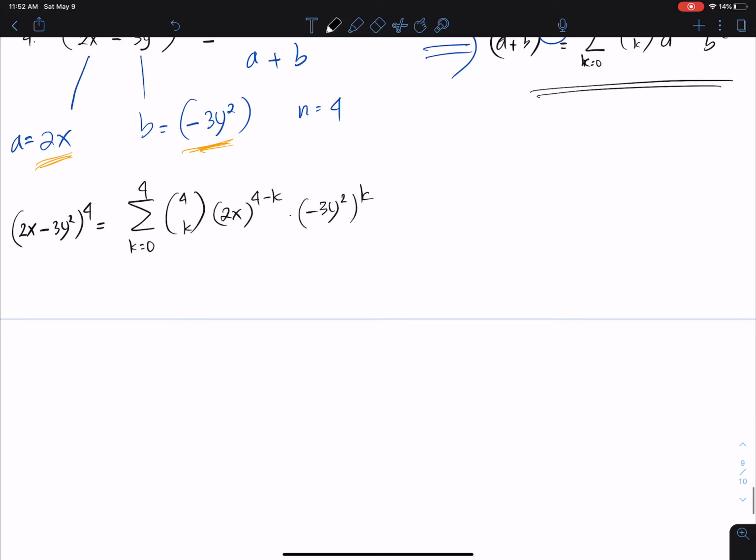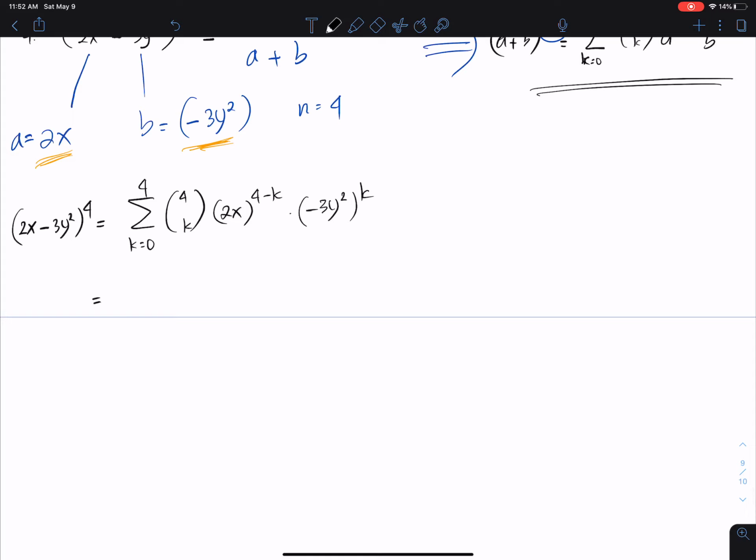Okay, we start with k equal to 0. With k equal to 0 we get combination 4 0, times 2x to the power of 4 minus 0, times minus 3y squared to the power of 0. Clear? Plus, now k equal to 1: combination 4 1, 2x to the power of 4 minus 1, times minus 3y squared to the power of 1.